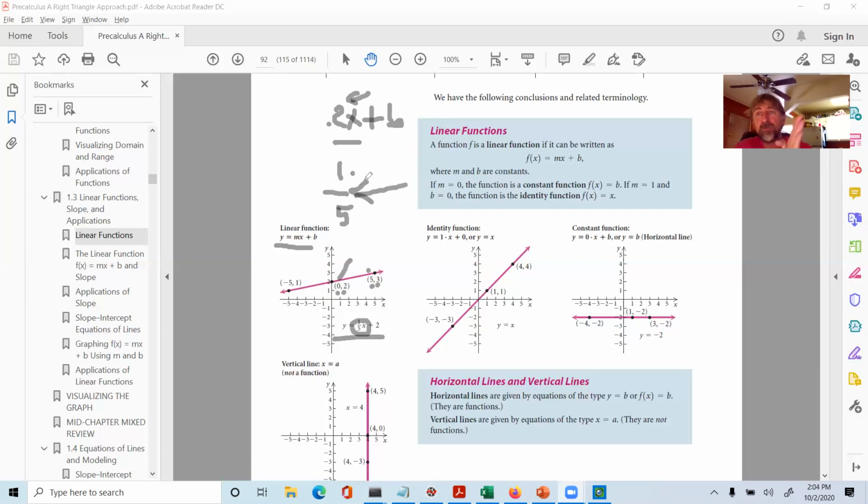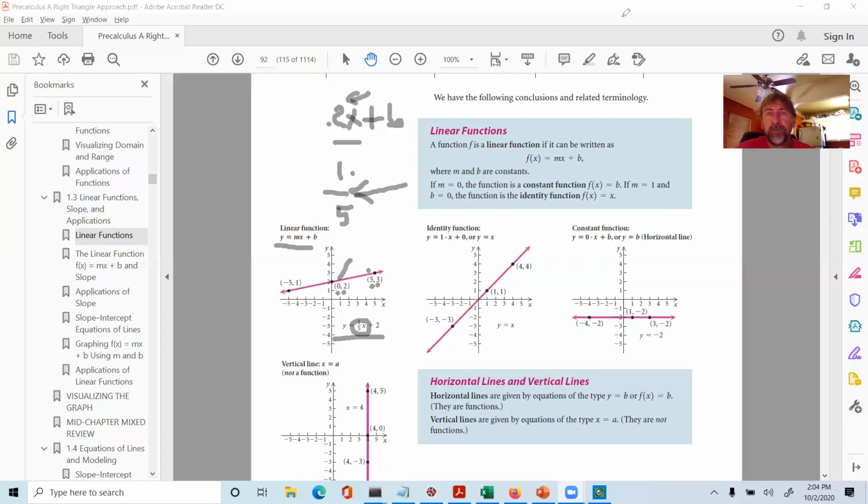And if I wanted to just move over 1 in x, then I'm going to add 0.2 to the y value. So the y value will be 2.2, and I'll have the point (1, 2.2). And then (2, 2.4), and (3, 2.6), and (4, 2.8), and (5, 3).